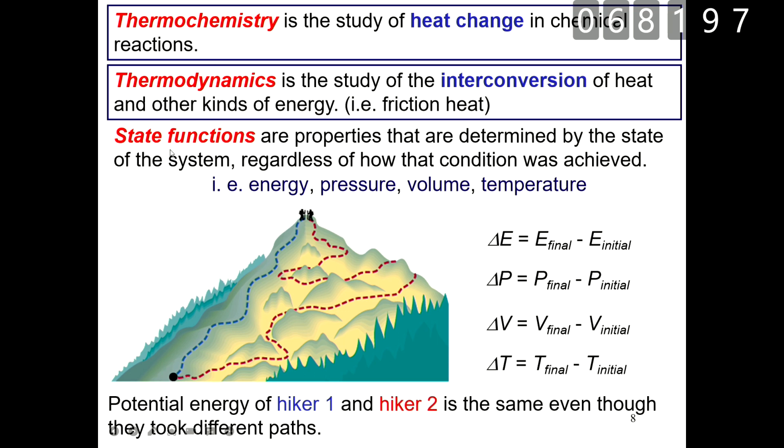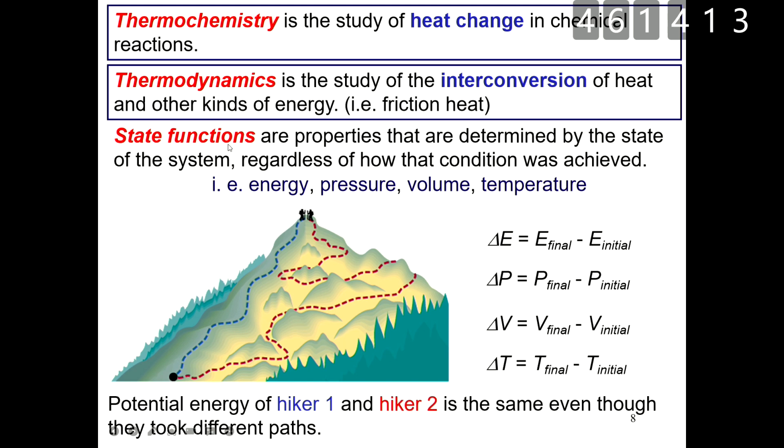Okay. So what are state functions? State functions are the properties that are determined by the state of the system, regardless of how that condition was achieved. For example, energy, pressure, volume, temperature, all these are called state functions.